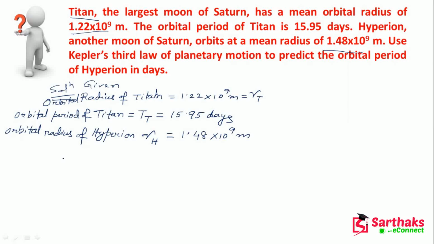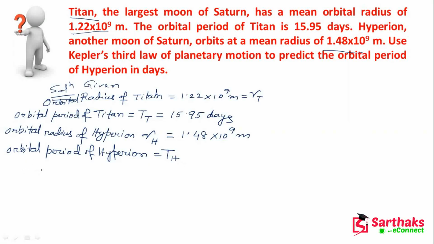And here use Kepler's third law of planetary motion to predict the orbital period of Hyperion in days. Okay, so let the orbital period of Hyperion be TH.